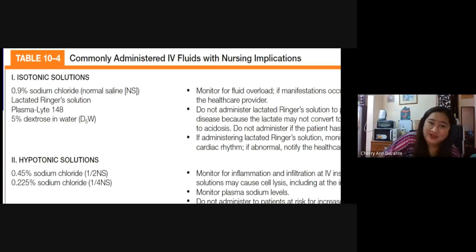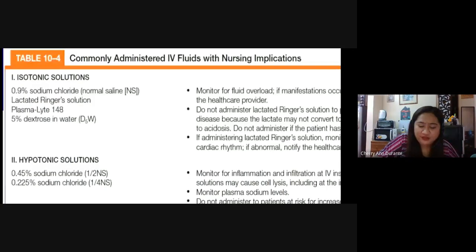So usually, ito yung mga binibigay pag fluid volume deficit. No? Then you have there your plasma light 148 and your D5 water, 5% dextrose water. These are all isotonic solution. Anong nursing implication daw pag nag-administer ka ng isotonic? Monitor for fluid overload.